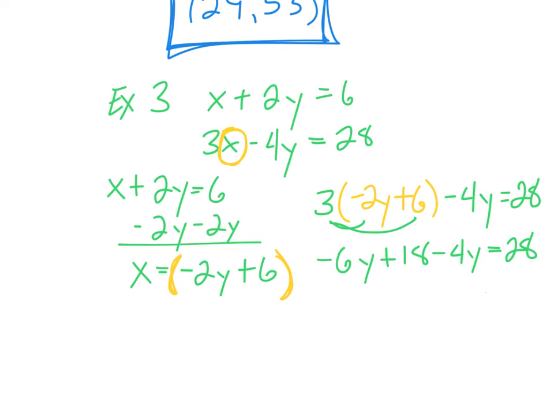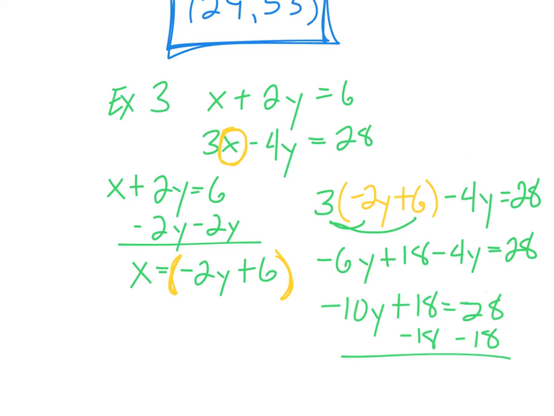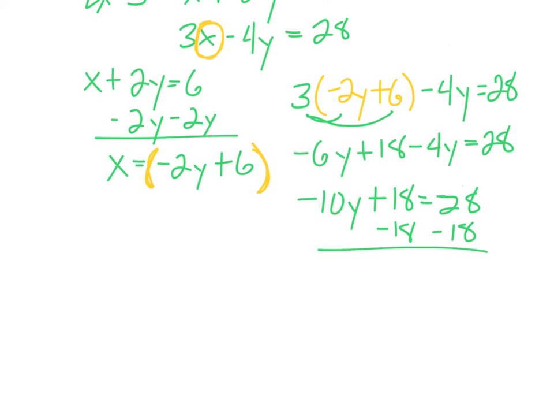They are on the same side of the equal sign, so I'm going to combine them together to give me -10y plus 18 equals positive 28. To get y by itself, we will subtract 18 from both sides, and that will leave me with -10y equal to 10. Dividing by -10 on both sides will give me a y value of -1.